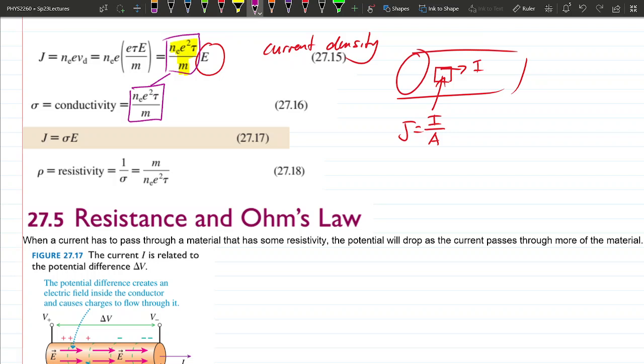So why don't we just lump all those numbers into one variable called the conductivity? And therefore, it simplifies this equation to something that even I can remember: J equals sigma E. The current density is just the conductivity, which makes sense, how conductive that material is, times how big of an electric field you apply in order to move those electrons around.